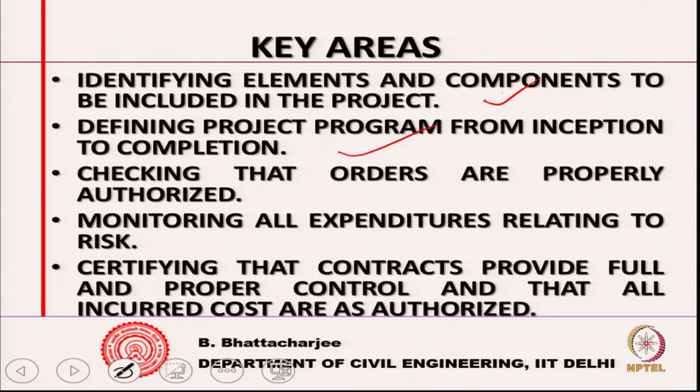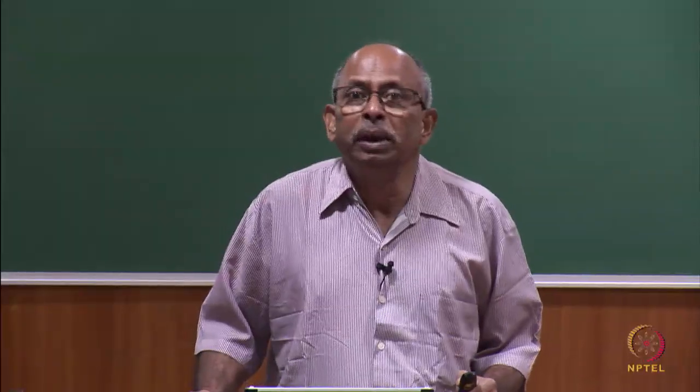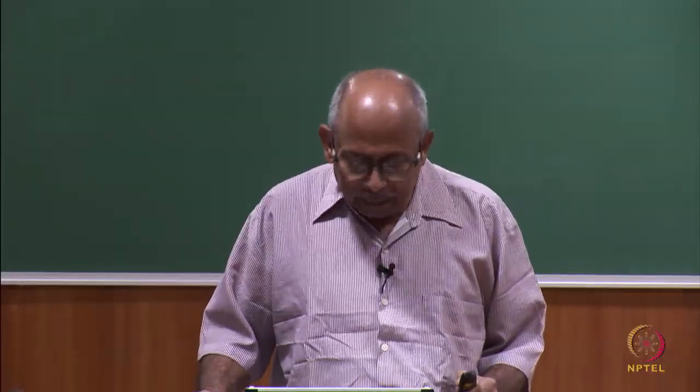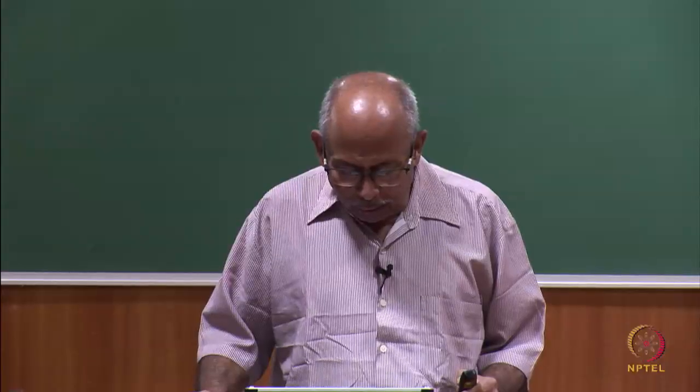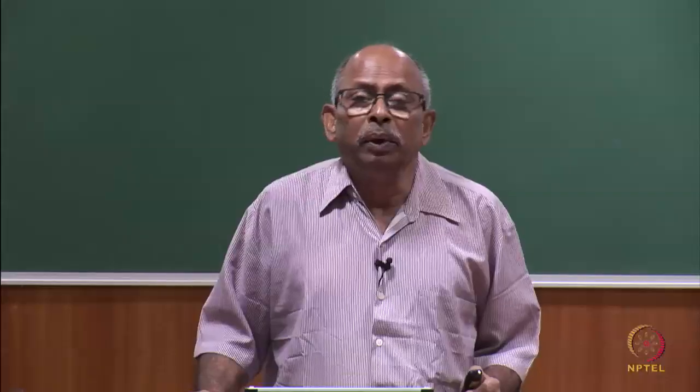Defining the project program from inception to completion, checking that orders are properly authorized, monitoring all expenditures, full and proper control, and that all incurred costs are authorized. These are the key areas associated with cost control.